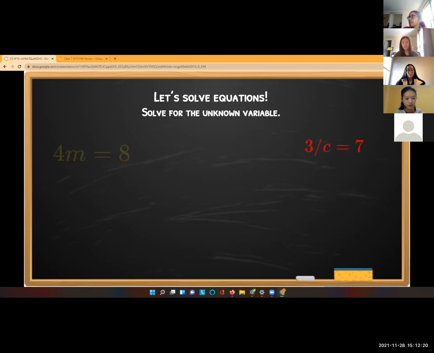Okay, so next one, 3 divided by c equals 7. What would be the value of c? For this one, we would first multiply both sides by c.